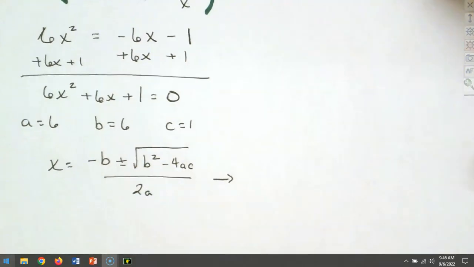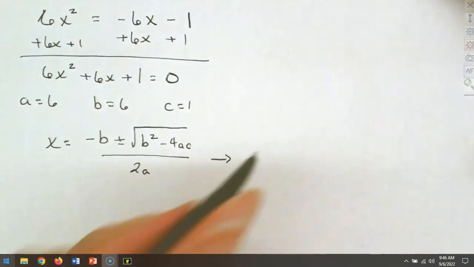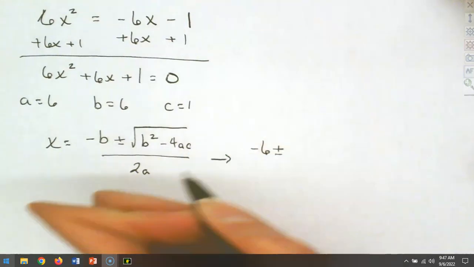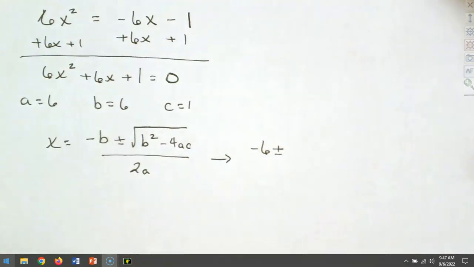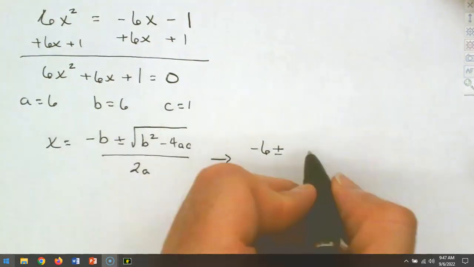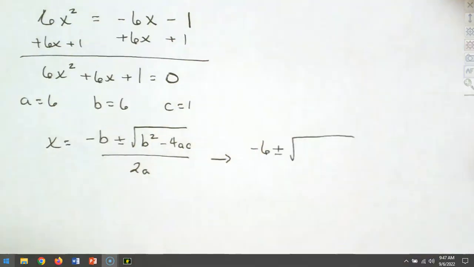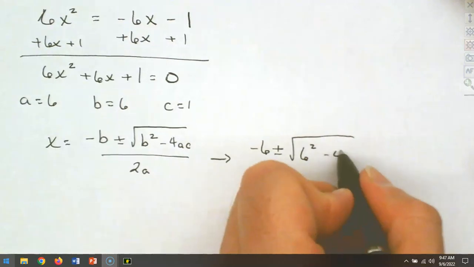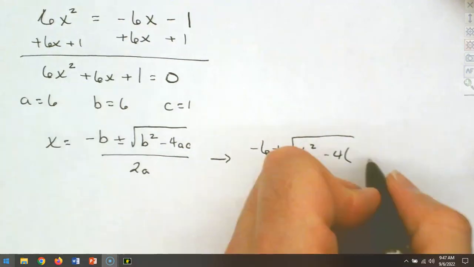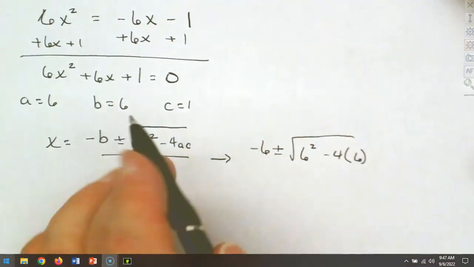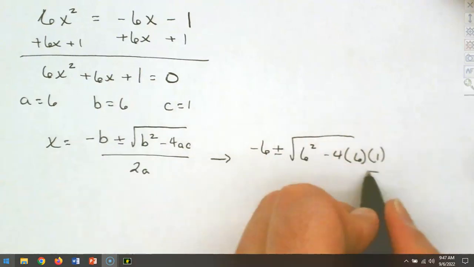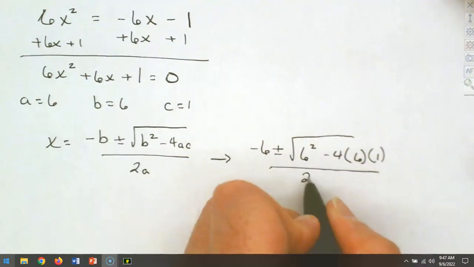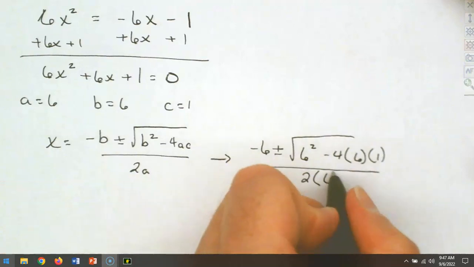Fill it in with the correct pieces in the correct order. Watch your signs. Be very careful with the signs. So we have a negative 6 plus or minus the square root now of 6 squared minus 4 times a, which is 6, c, which is 1, all over 2 times 6.